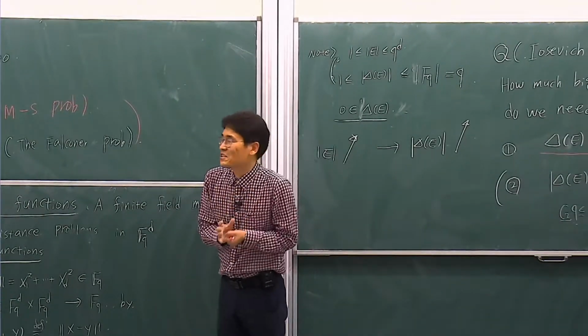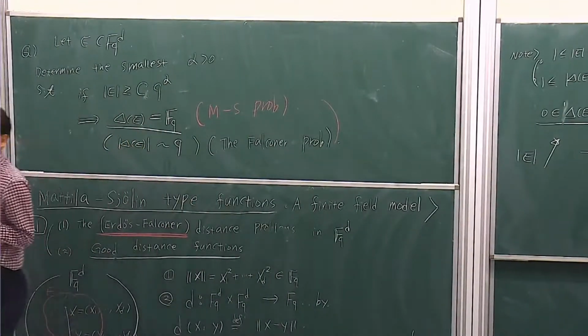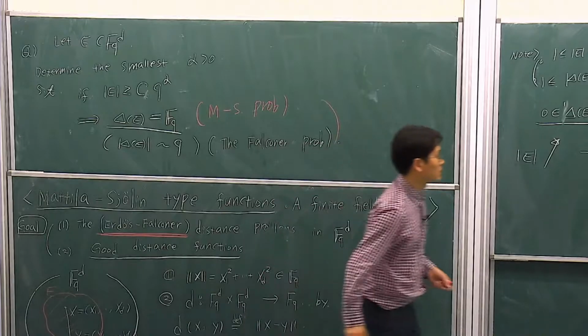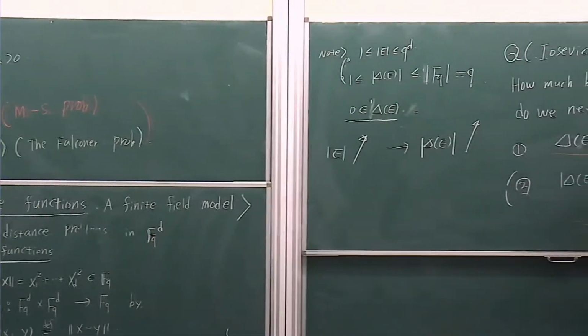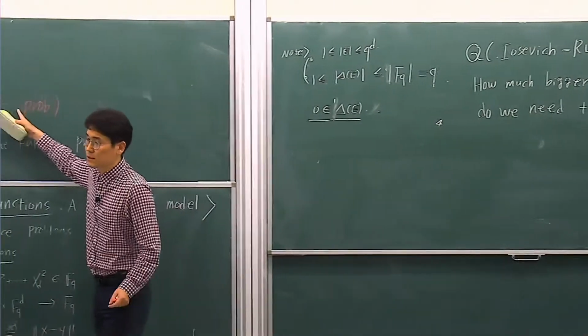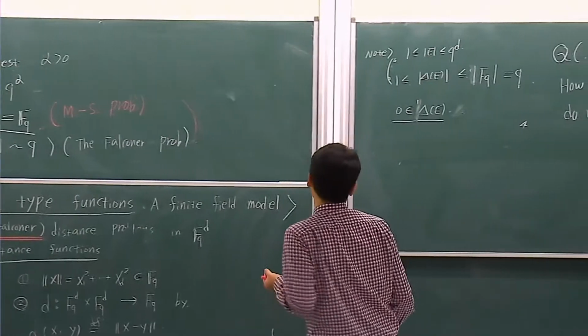If we do not distinguish these two problems, it is called the Erdos-Falconer distance problem. Which problem is harder? The Mattila-Sjölin problem is harder, to get a sharp result.